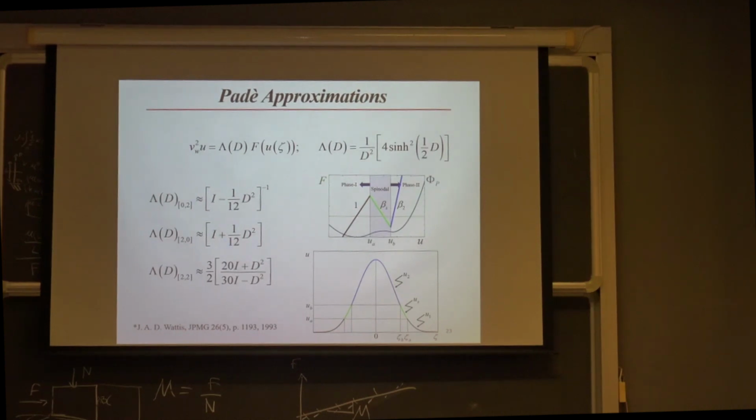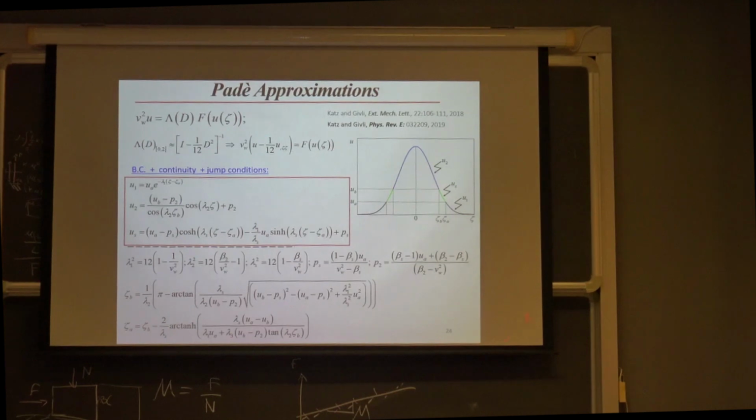We use Padé approximation for each phase because we cannot solve it with a hyperbolic sine. So we use Padé approximations [0/2], [2/0], and [2/2], three different kinds of Padé approximation. In this way we could solve that equation.